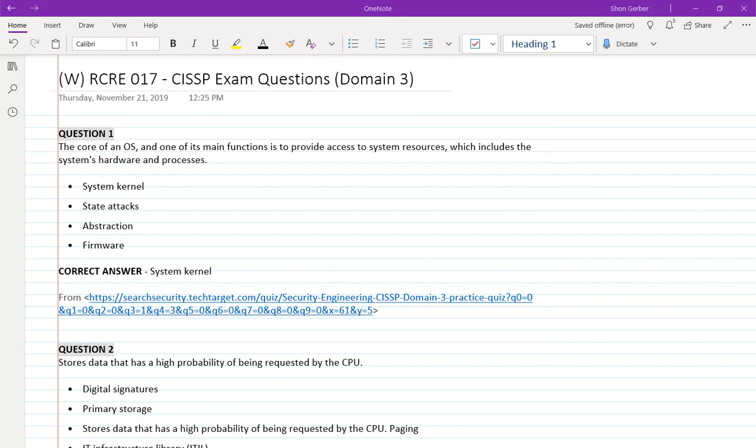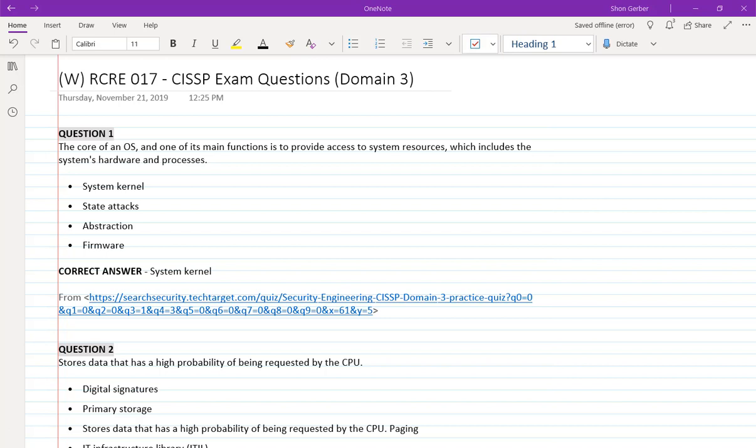Question 1. The core of an OS and one of its main functions is to provide access to system resources, which include the system's hardware and processes. What is the part of the OS that does that?